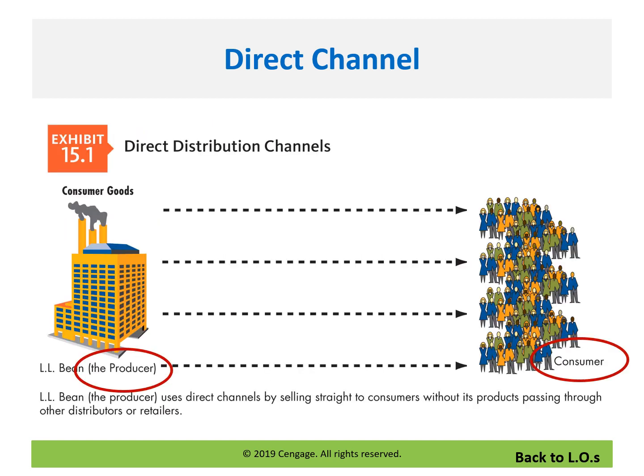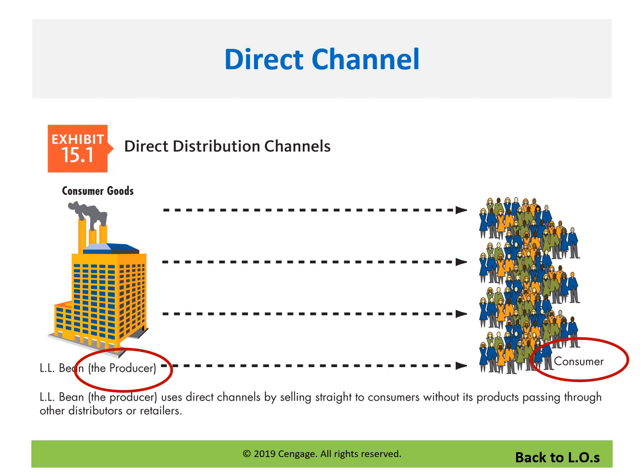A producer uses direct channels by selling straight to consumers without its products passing through other distributors or retailers. A producer can sell directly to consumers online and through its own physical retail stores. In both cases, they bypass the use of other distribution partners to sell their products.